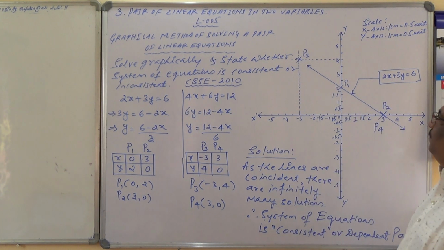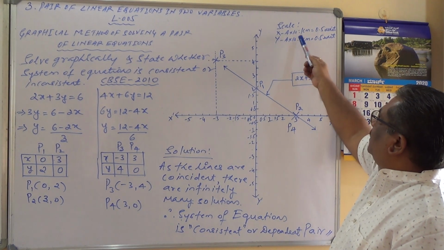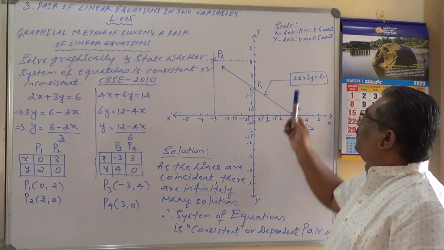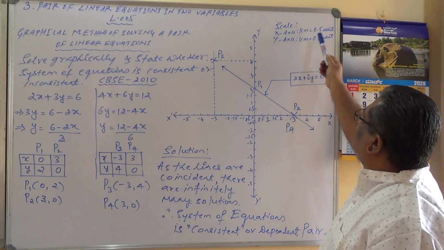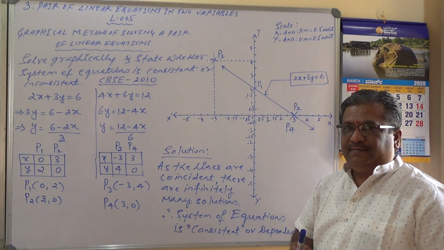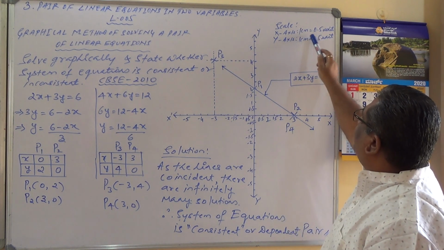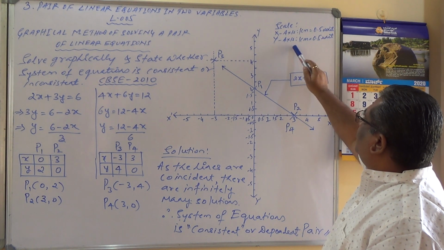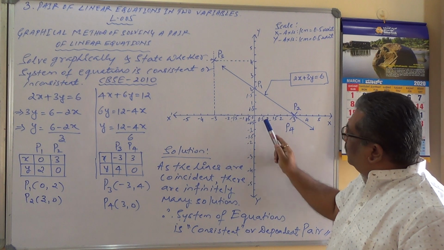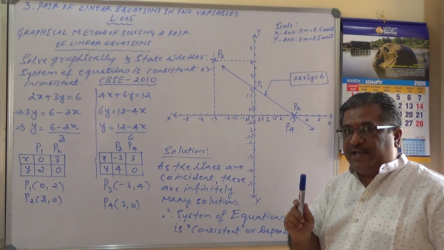Let's plot them. Here I have taken a scale of 1 centimeter equals 0.5 units so that the graph is enlarged a little bit. Y-axis also 1 centimeter equals 0.5 units. So here I have marked 1 centimeter, which is the major mark in the graph sheet.